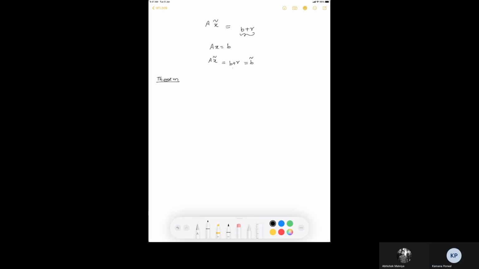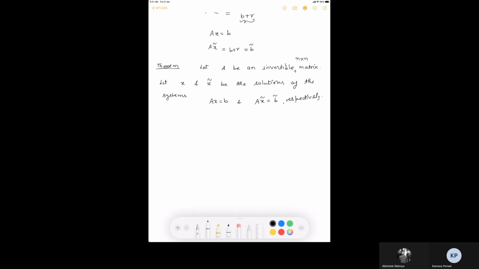Let's take an invertible matrix A. Let A be an invertible n by n matrix, and let x and x tilde be the solutions of the linear systems Ax equals B and A x tilde equals B tilde, respectively.